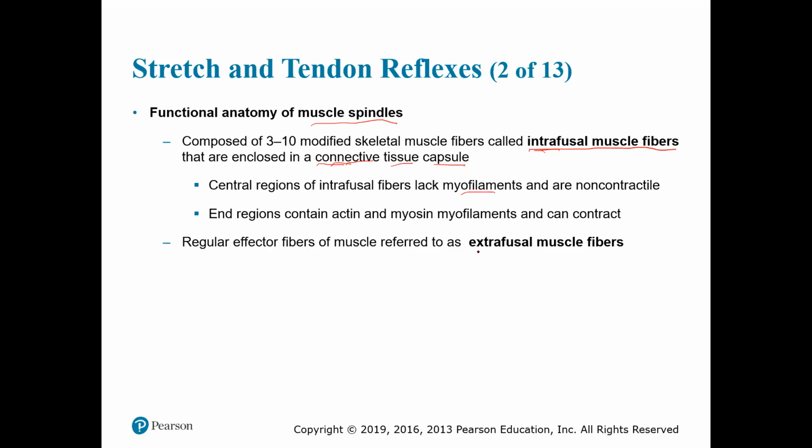The extrafusal fibers are the regular effector muscle fibers. The spindle is the receptor, but the muscle fibers themselves are part of the effector. And again, we need a picture right here, because you need to know the different regions of the muscle spindle and the two different fibers, intrafusal and extrafusal.